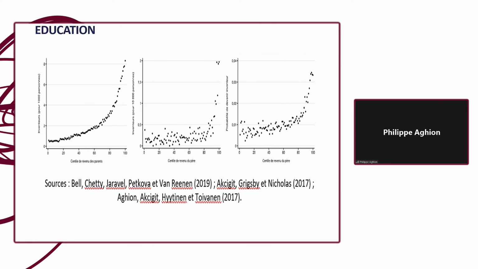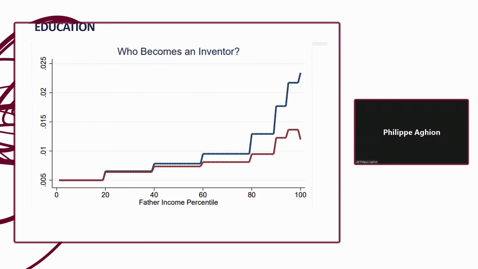It's all the more surprising that it's true also in Finland, because in Finland, education up to university is totally free and high quality. But it turns out that in Finland, the high earning parents are also the more educated parents, and they transmit aspirations and knowledge to their children, which is a huge input to becoming an innovator.